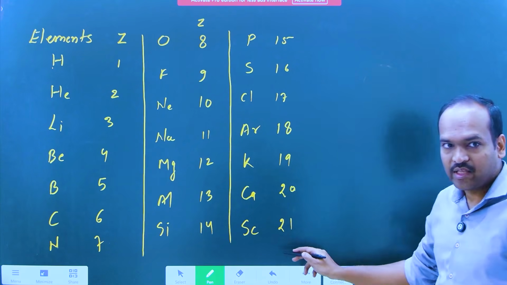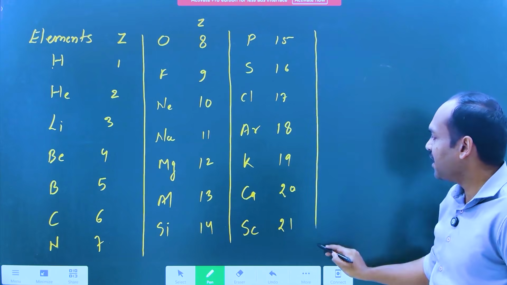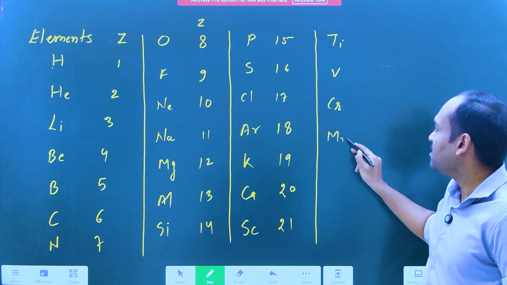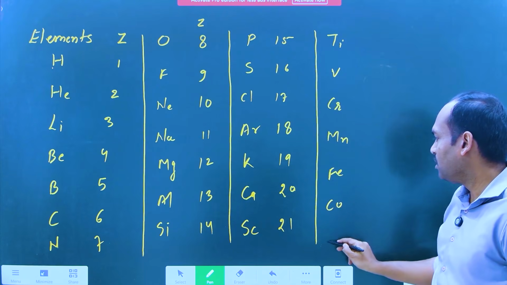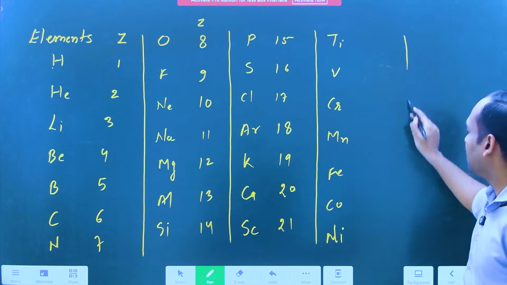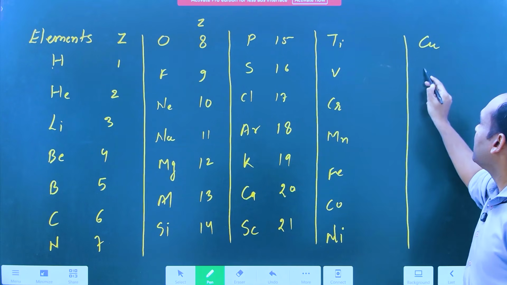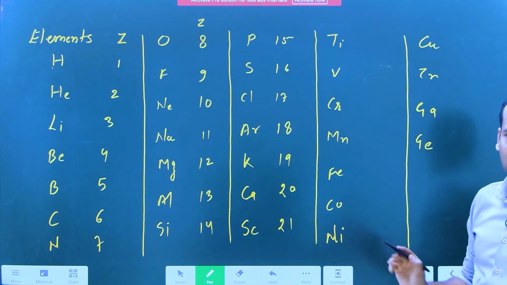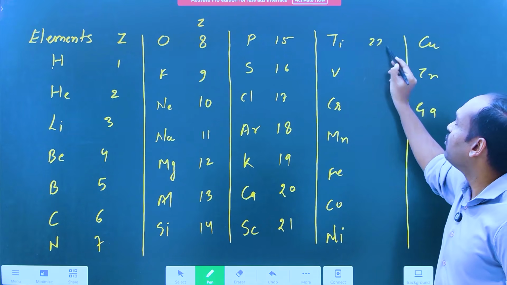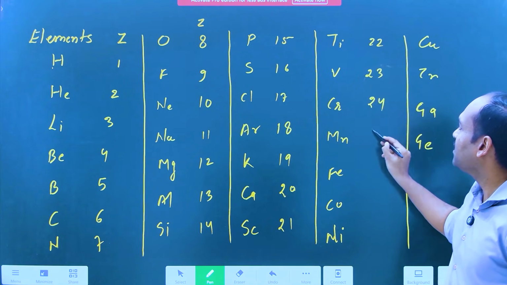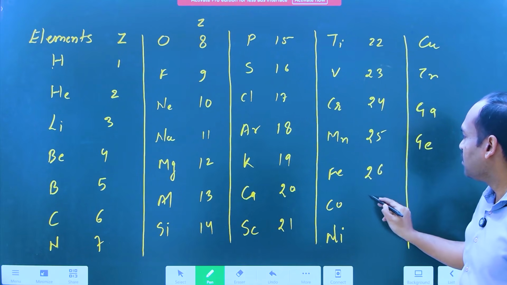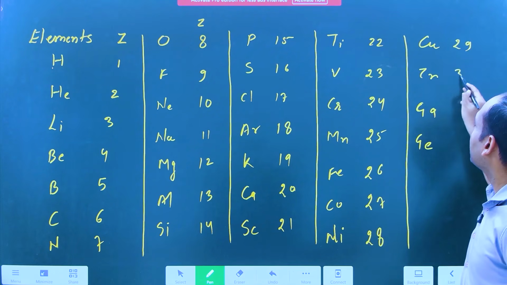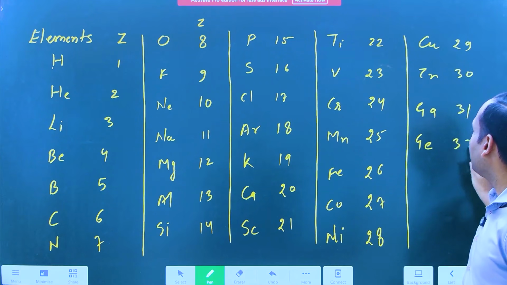From scandium, we are in the D block of the periodic table. After scandium, titanium 22, vanadium 23, chromium 24, manganese 25, iron 26, cobalt 27, nickel 28, then copper 29, zinc 30, gallium 31, germanium 32.